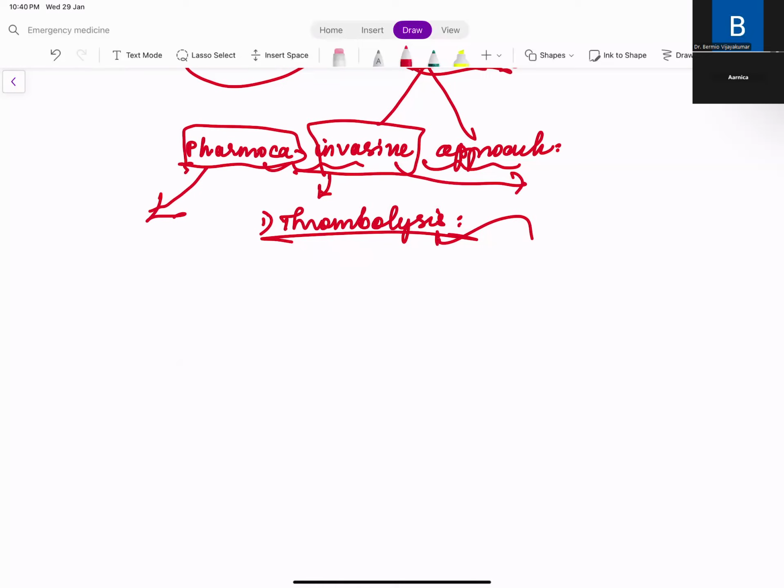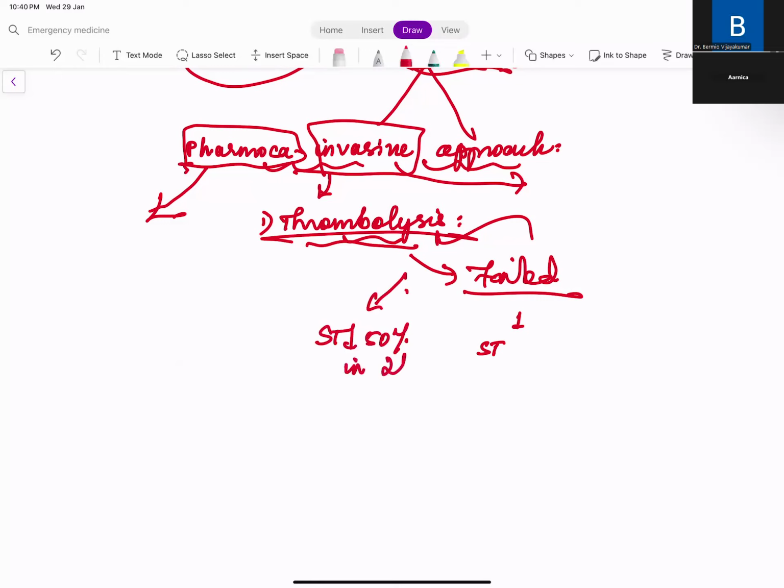Suppose there's another scenario where you do a thrombolysis first and it failed. So when do you say failed thrombolysis? When do you say successful thrombolysis? ST elevation should come down by 50% from the first ECG in 2 hours, and the patient's pain should have reduced.